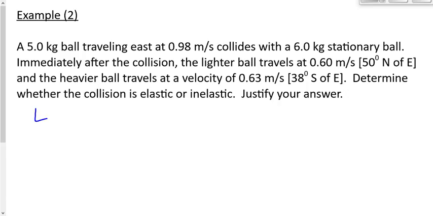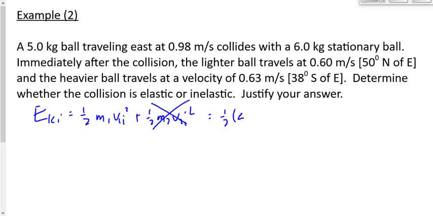I'm just going to say EKI is equal to 1/2 m1 v1I squared plus 1/2 m2 v2I squared. By the way, that's 0, isn't it? Because it's at rest, stationary. M1 is 5, 0.98. Rounded to 2 digits, 2.4 joules.